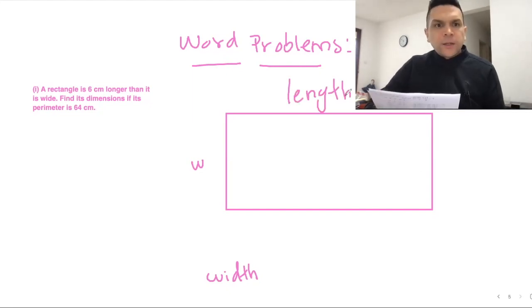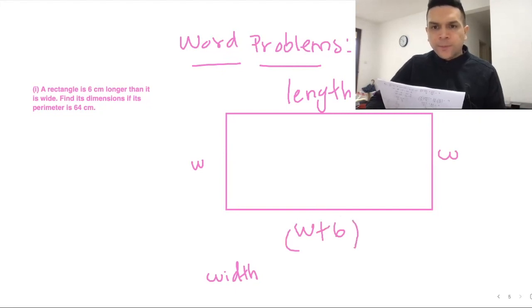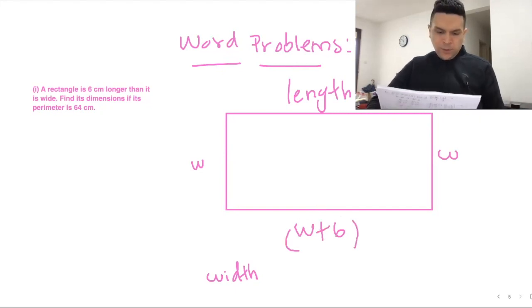And it says that it's 6 centimeters longer than it is wide. So the length would be the width plus 6, right? Okay. And then there's find its dimensions if its perimeter is 64 centimeters.